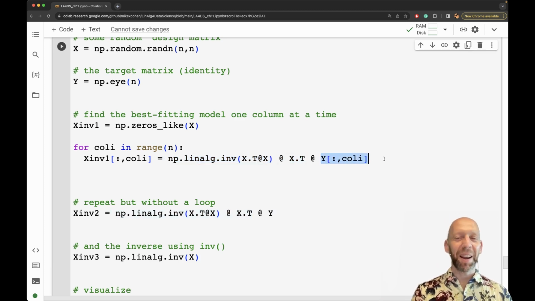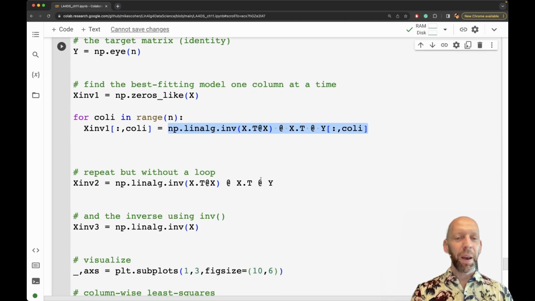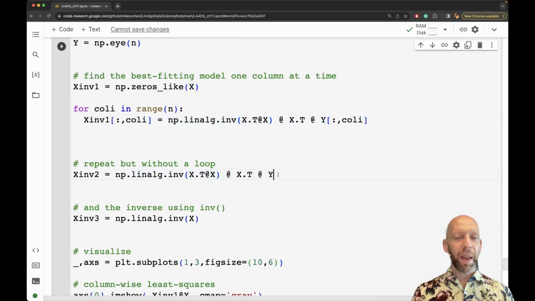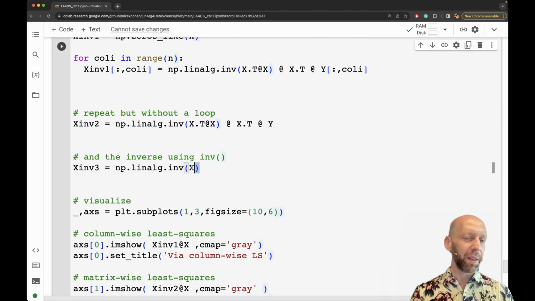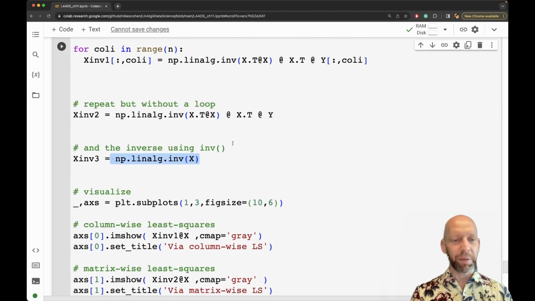But again, I want you to see the concept of relating these different ideas that I've been presenting throughout the book. Okay, here it turns out we don't need to solve this in a for loop going column-wise. We can do the whole thing at once using matrix multiplication. And then here is just the explicit inverse function.